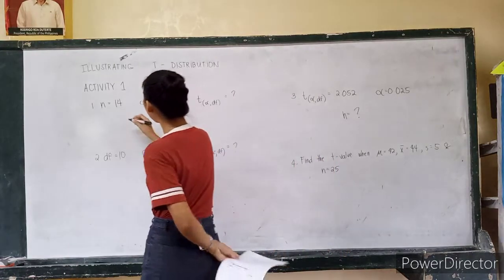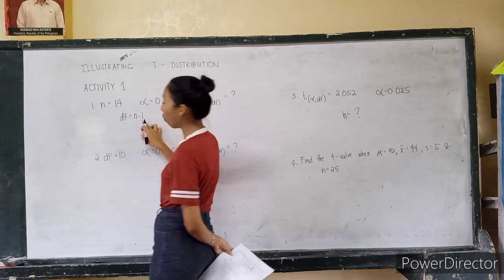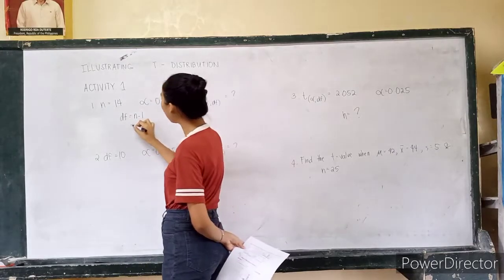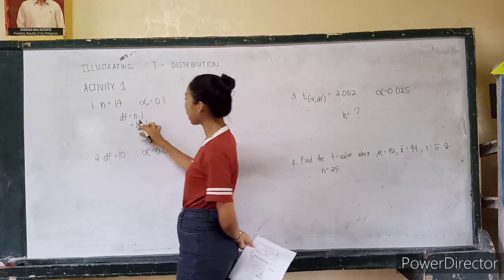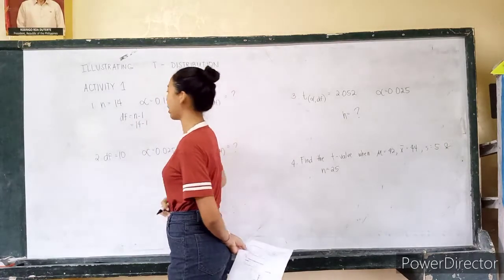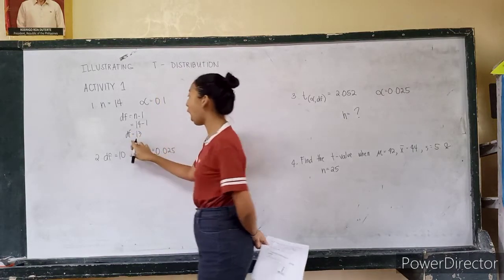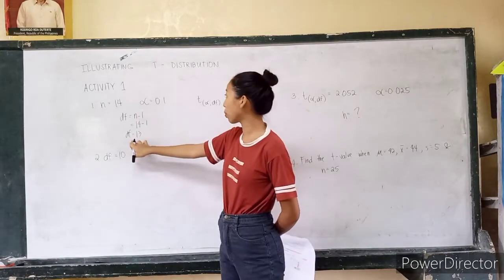If you can remember the formula in finding the df, that is simply n minus 1. So we subtract one from the sample size n, and we obtain our df. So, 14 minus 1 is 13. Our df now is equal to 13.